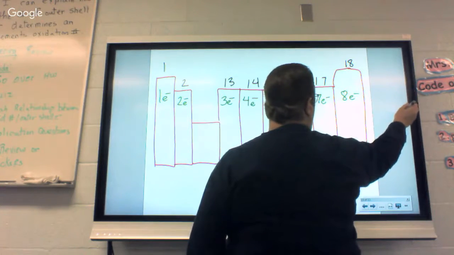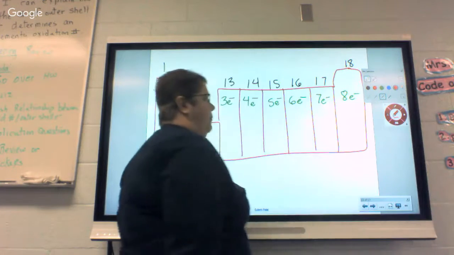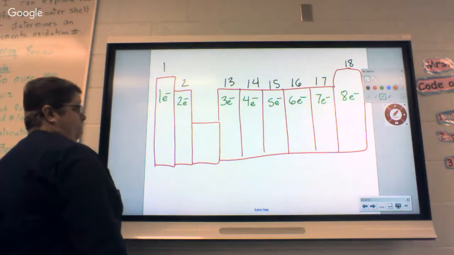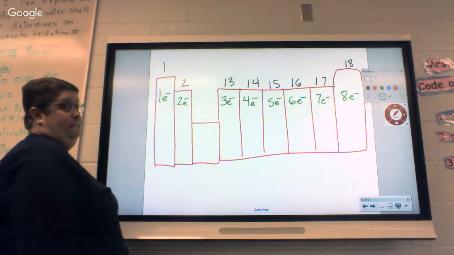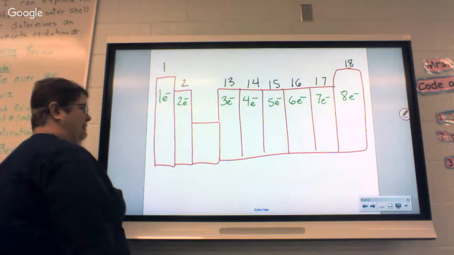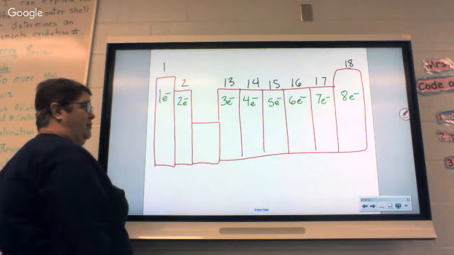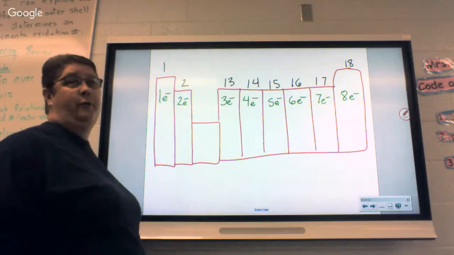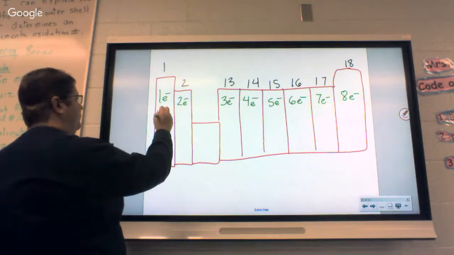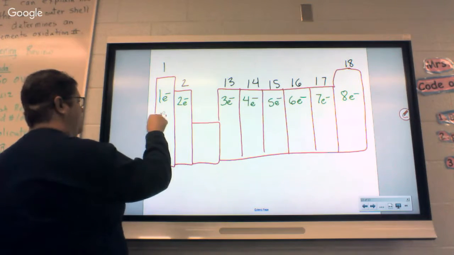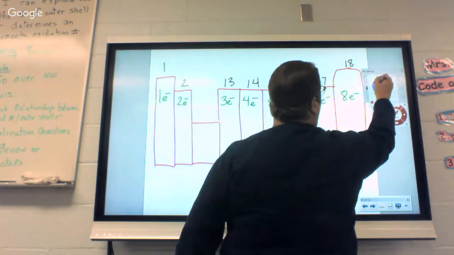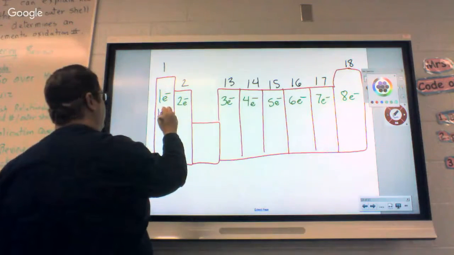Now, if I ask you what's going to happen, group 1 is going to do what with that 1 electron? What's it actually going to do then? Just tell me what it's really going to do. Go lose 1. Alright, it's going to lose 1 electron.